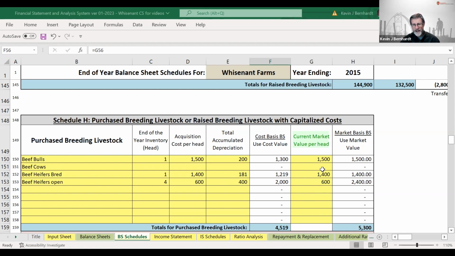The market value may or may not be the same thing as what the cost basis value is, or the acquisition cost is. Market value is whatever that asset could be sold for in the market today. So it's a different kind of estimate that's needed there, and it may or may not be the same thing as the cost side.